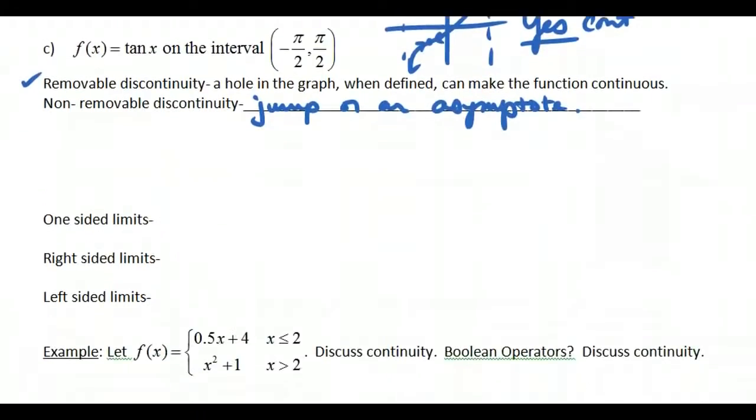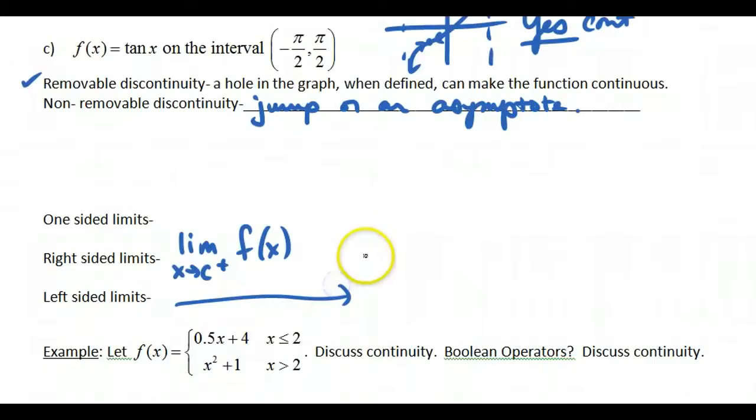What we can talk about, and we've mentioned this a little bit, but now we can get some notation for this, is one-sided limits. And so with one-sided limits, we can come from the right side, and how we write this is x approaches c, and then we put the plus sign after it. And this is of some function. And if we want to do left-sided limits, we can do the limit as x approaches c from the left of f of x.